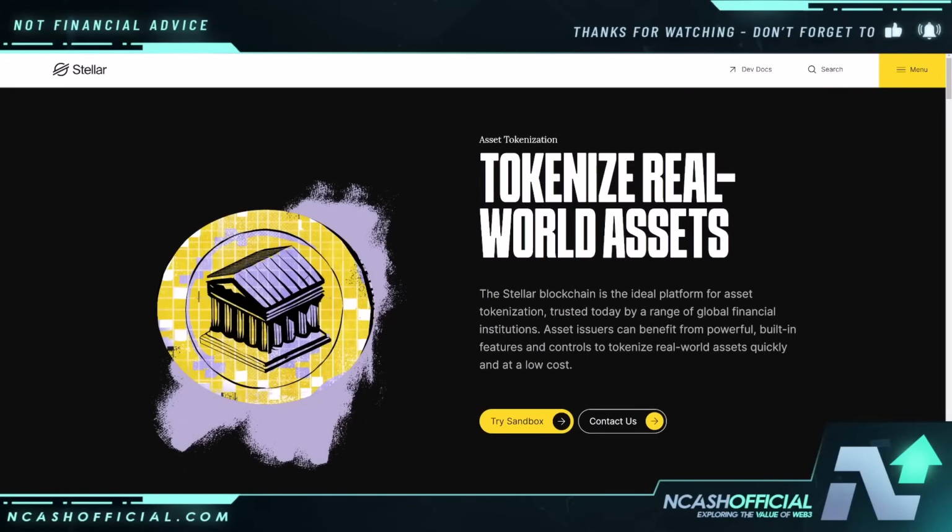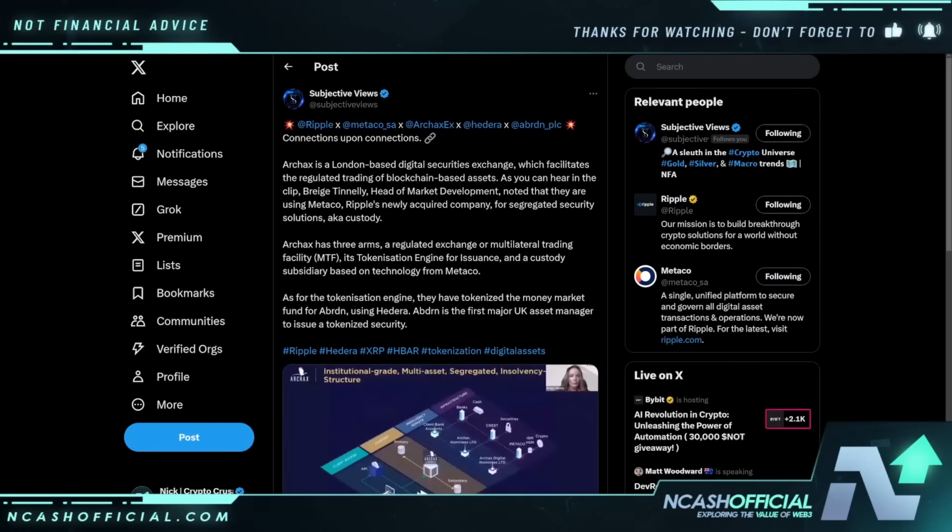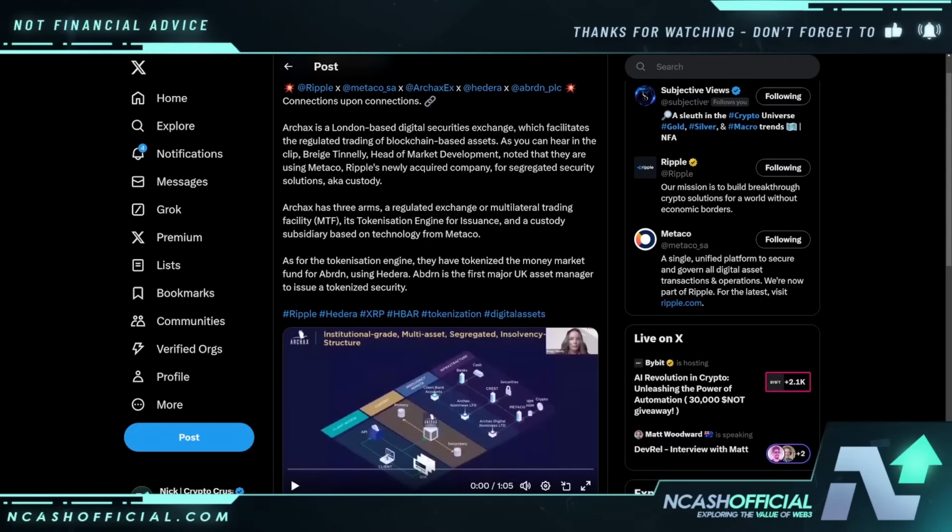Now, also, what's funny about Stellar and what's funny about Hedera, Algo, and even Ripple is that these are the main ones that everyone is really kind of ignoring right now, even though you should be fully focused on them. And also more recently, I do have to bring up Archax with Ripple, with Medici, with Hedera, and even Aberdeen, because all of these are connected with Archax, and this is fully focused on institutional grade multi-asset segregated insolvency remote structure.